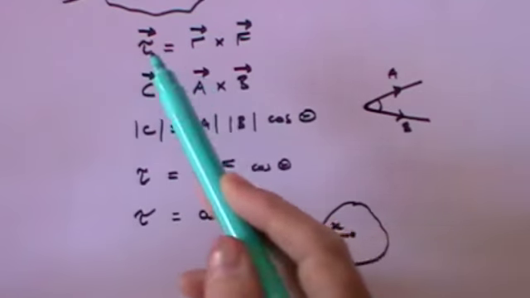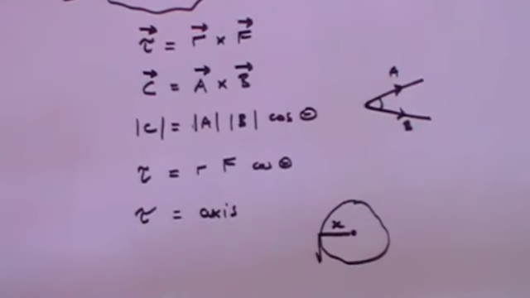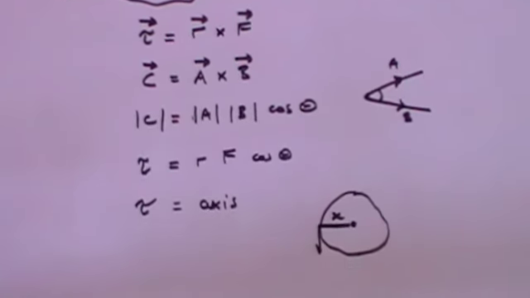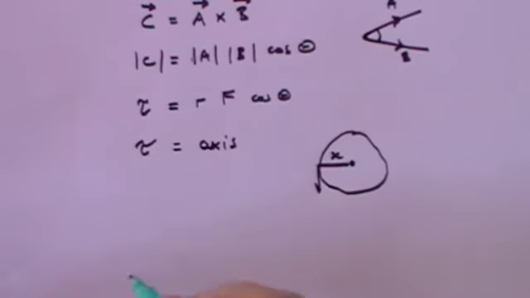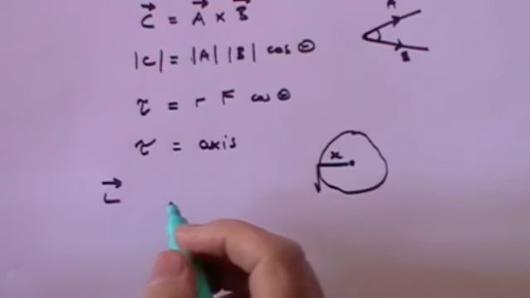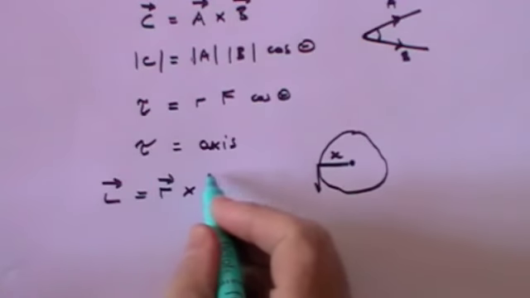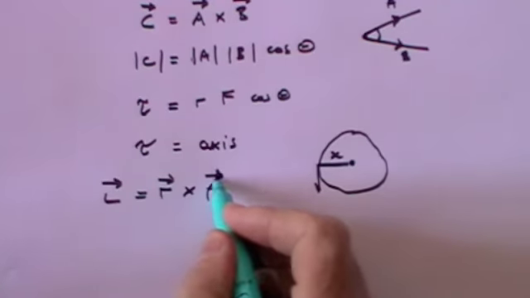Now if tau, the torque, is equal to R cross F, force times distance, but as a cross product, then I will also show you that the angular momentum for three-dimensional objects is equal to R cross P, where P is the ordinary momentum.